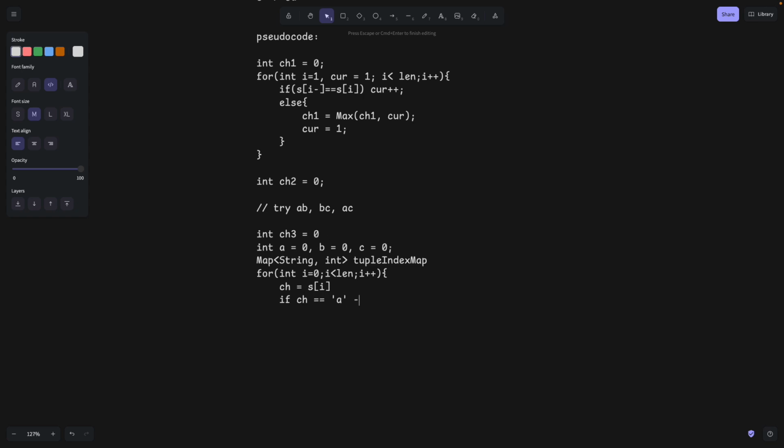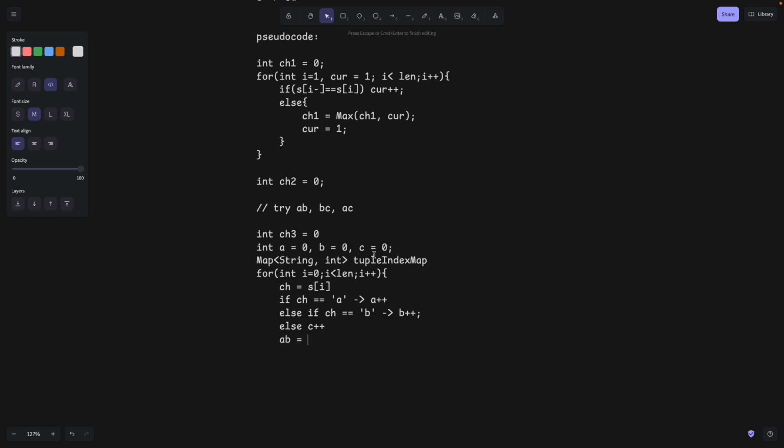If it is A, then we increment A. If character is B, then we increment B, and otherwise we'll increment C. Now we'll take the difference for AB.